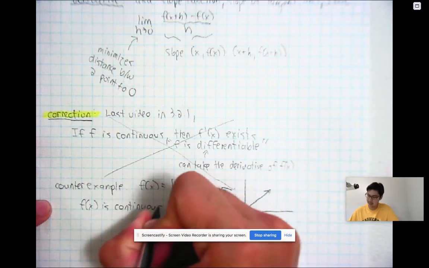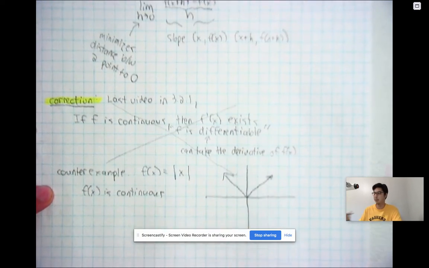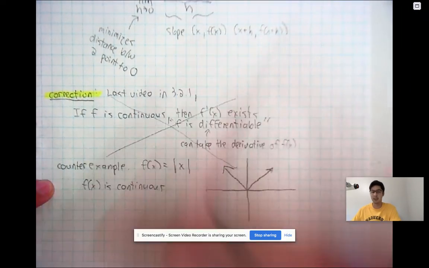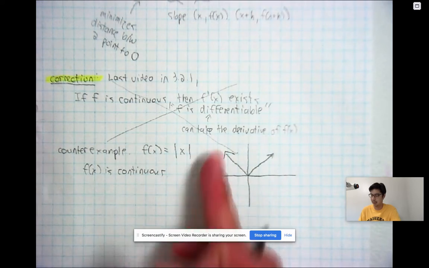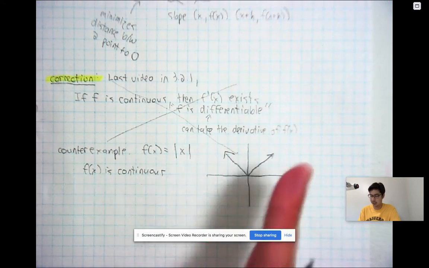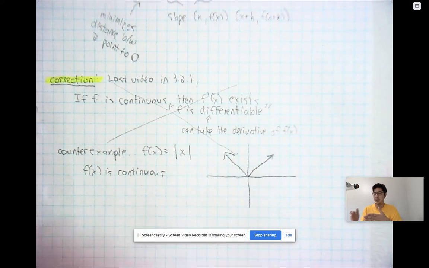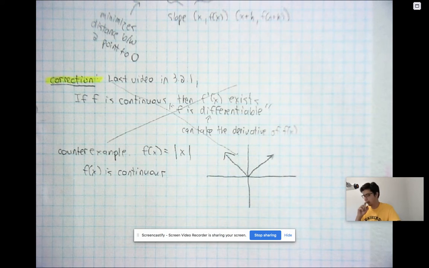The limit exists. Remember the three properties of continuity: the limit exists at all points, the function exists at all points, and the limit and the function equal each other at every given point.